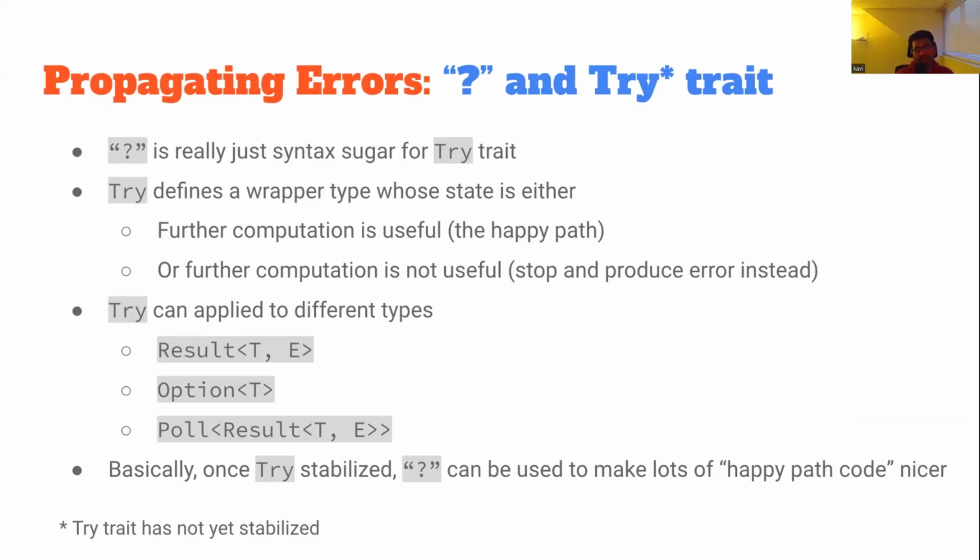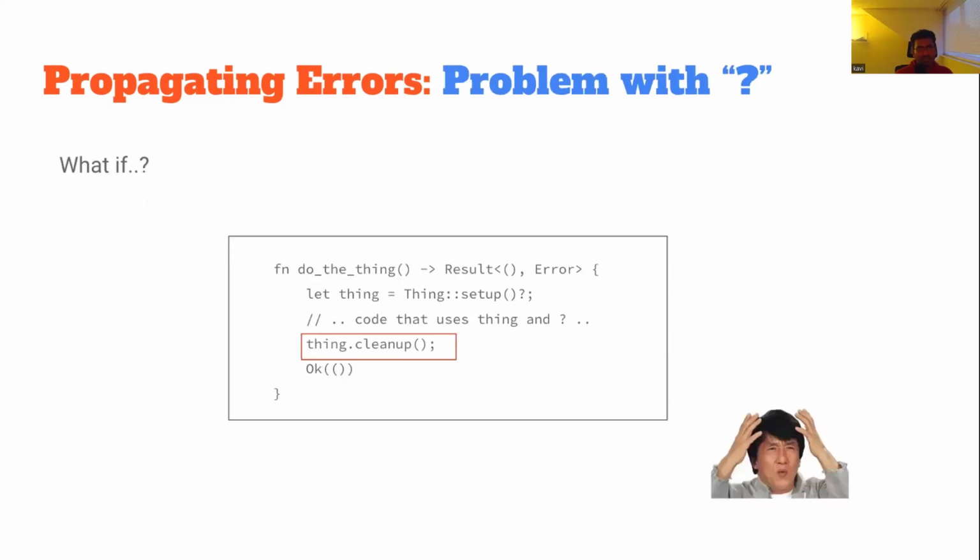Because it makes handling a lot of happy path code easier with the question mark operator. Once it's stabilized, we can use the question mark operator in different places, even for handling Poll when you're doing the asynchronous model of programming. So that's basically how the future of the question mark operator looks.